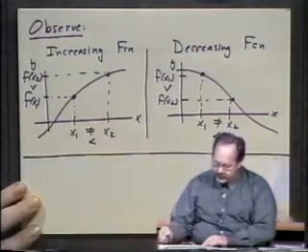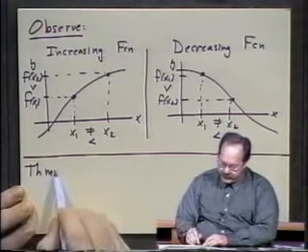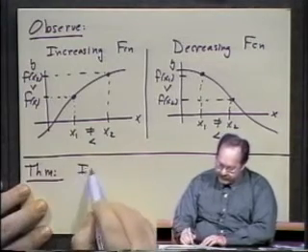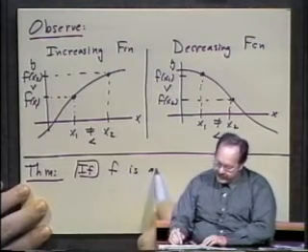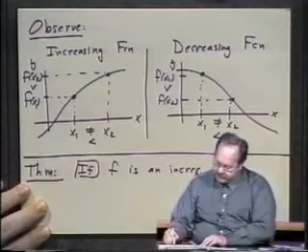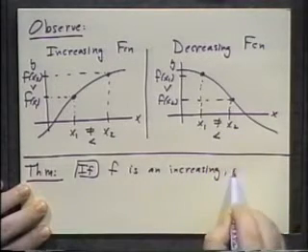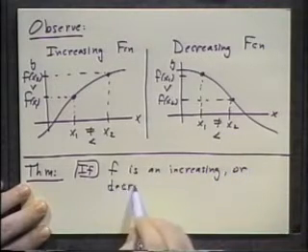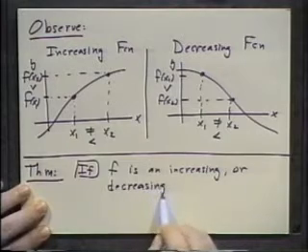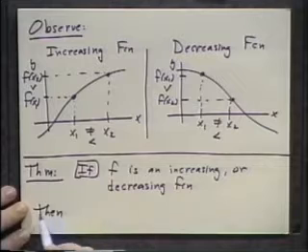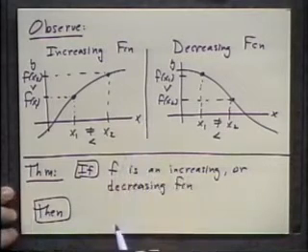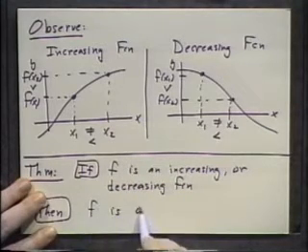So that means we can put this in the form of a really short theorem here. If f is an increasing or decreasing function, then automatically, because of that little reasoning we did above, f is one-to-one.